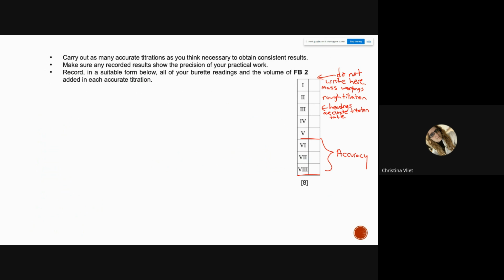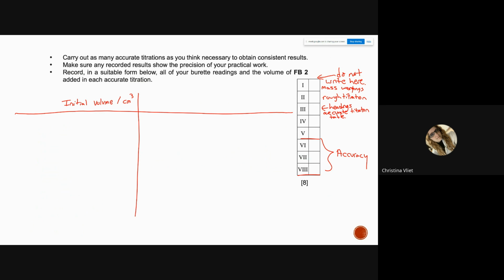Are you allowed to write in pencil for the table? Yes. So you're going to write initial volume, and you should write /centimeter cubed as your first heading. Initial volume /centimeter cubed.